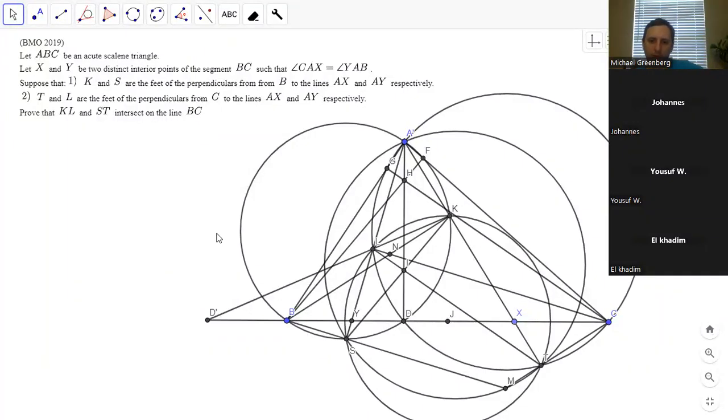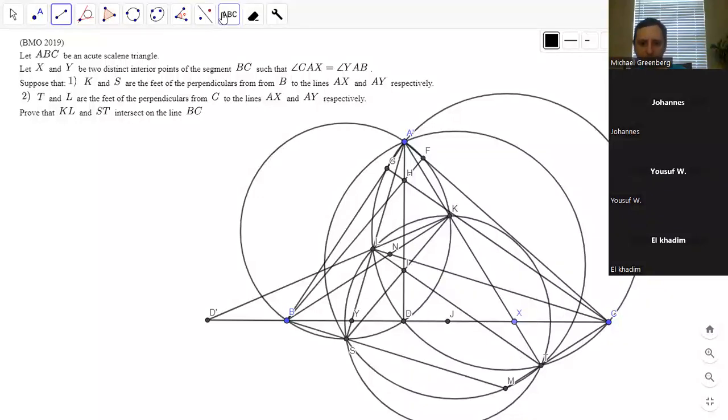So it's the external angle bisector. Is it the same? I don't know, but I think it might help. It doesn't look like segment BC is an angle bisector of KDT, right? So yeah, I'm not sure.